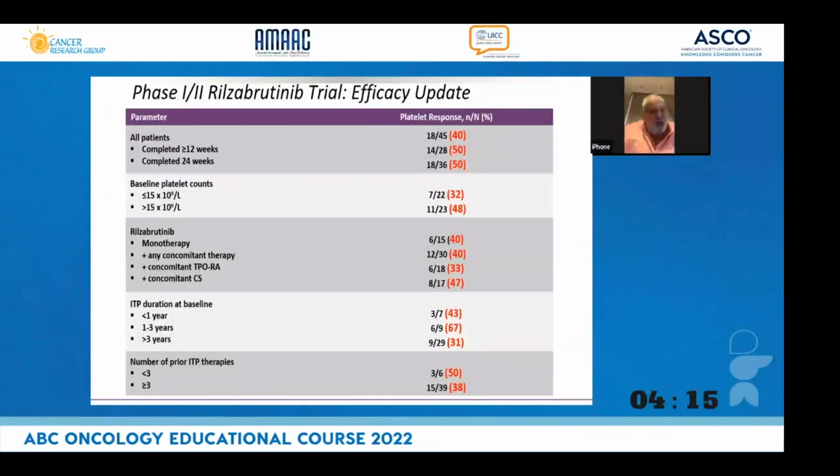The ITP duration from baseline, less than 1 year, 1 to 3 years, more than 3 years, and the number of treatments used in ITP. In all these subsets, the drug seems to be efficacious. Next slide, please.